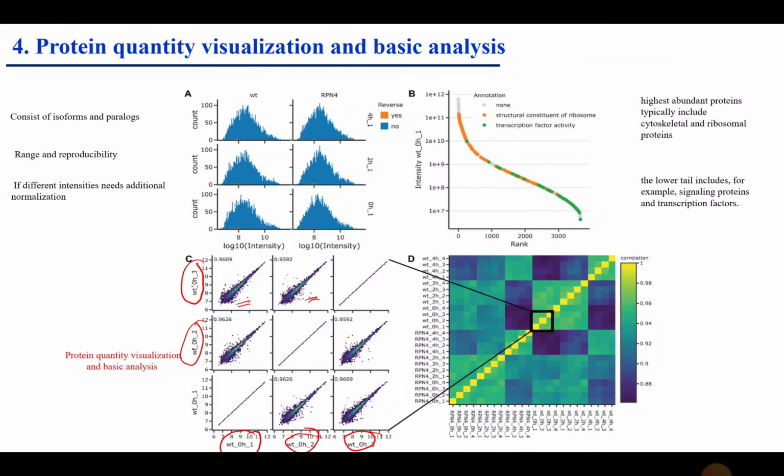So if you have only two samples, like here in our example we have wild type and the mutant type, RPN4, then we can draw the graph like this and we can find a correlation between the different time courses. But what happens if we have more than two conditions? Then we have to draw these heat maps.